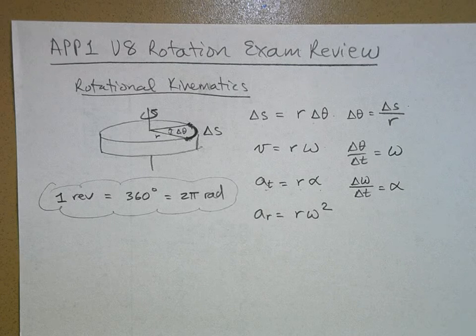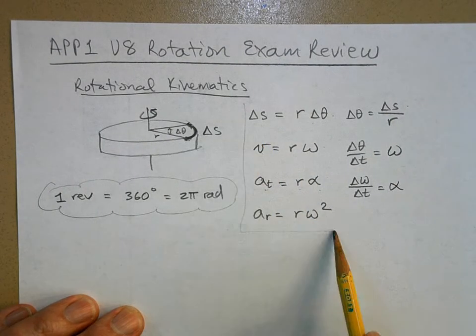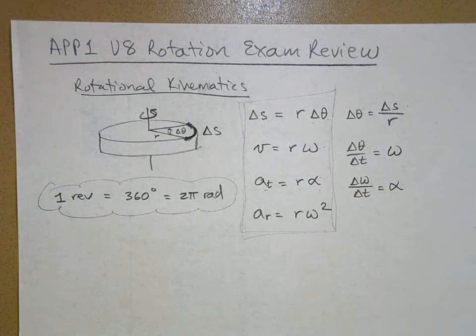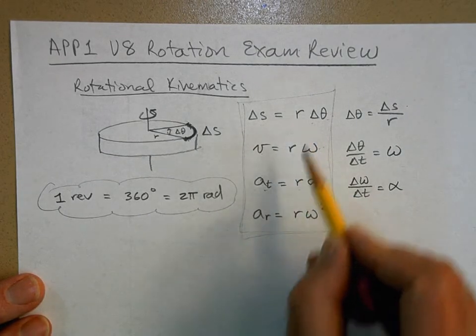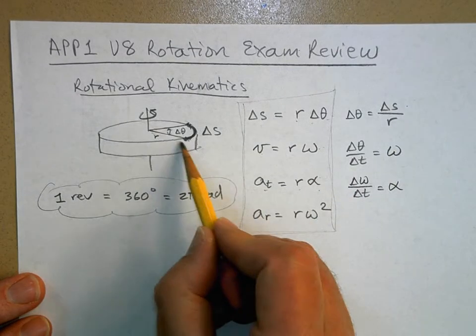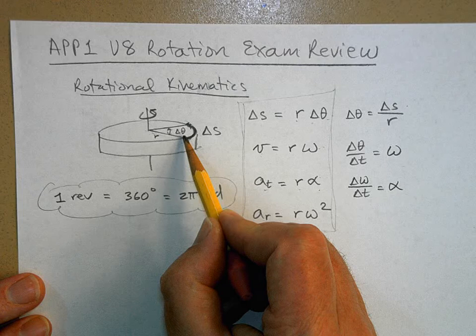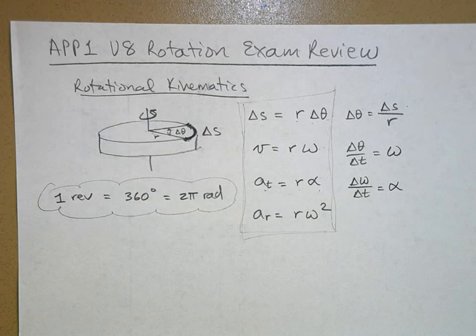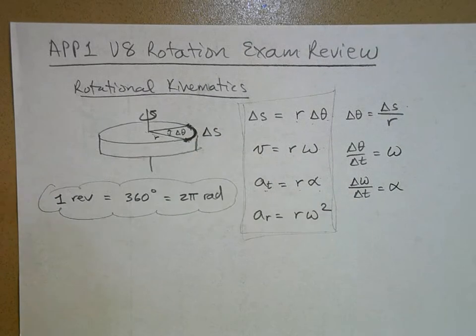Now, in these expressions, delta theta, omega, and alpha must be in radians. If they're not, then your answer is going to be all screwy. And that's because r is in terms of radians. R is like meters per radian. R, the radial distance here, is the number of meters you go through, delta S, to get 1 radian. If you take the radius and wrap it around the outside, you've gone through 1 radian.